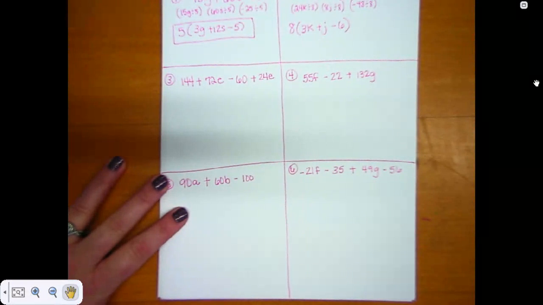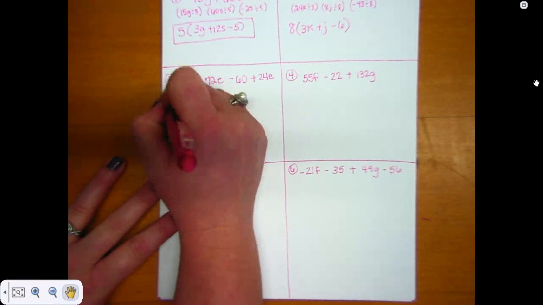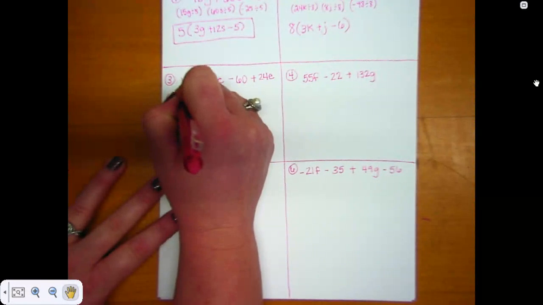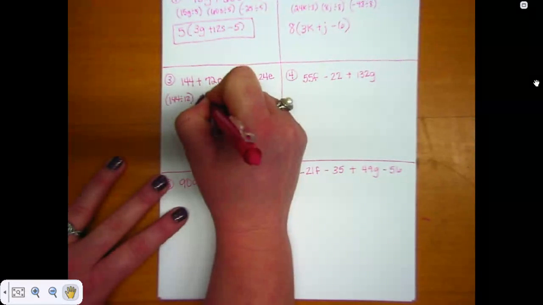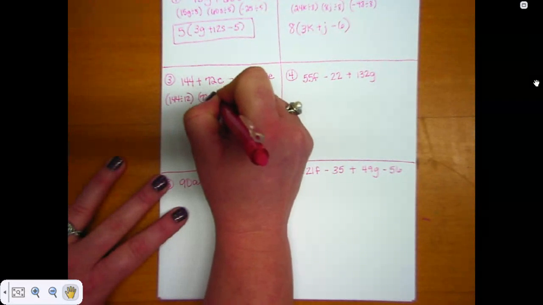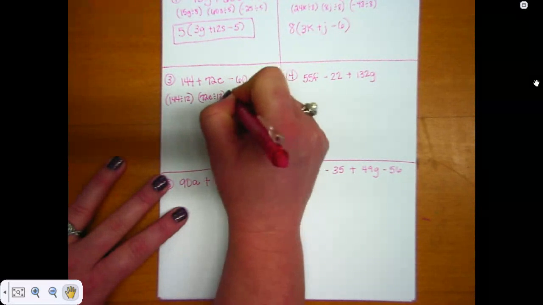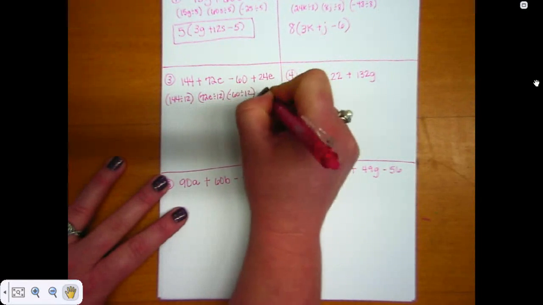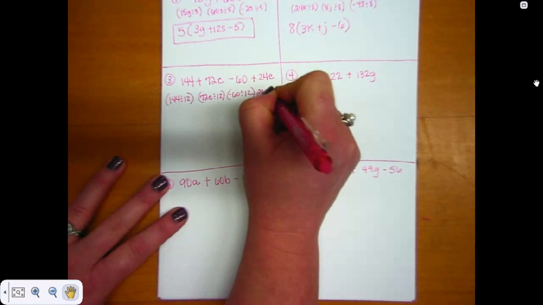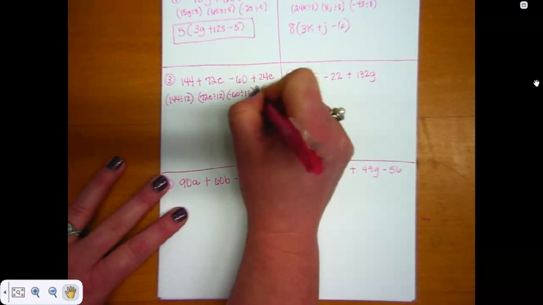So my common factor here is going to be 12. So that would be 144 divided by 12, 72E divided by 12, negative 60 divided by 12, and 24E divided by 12.